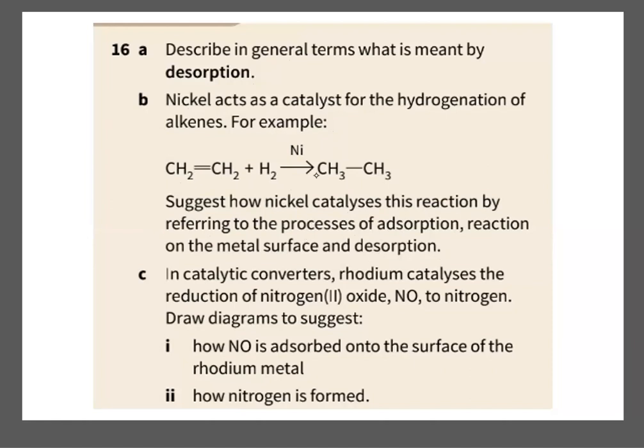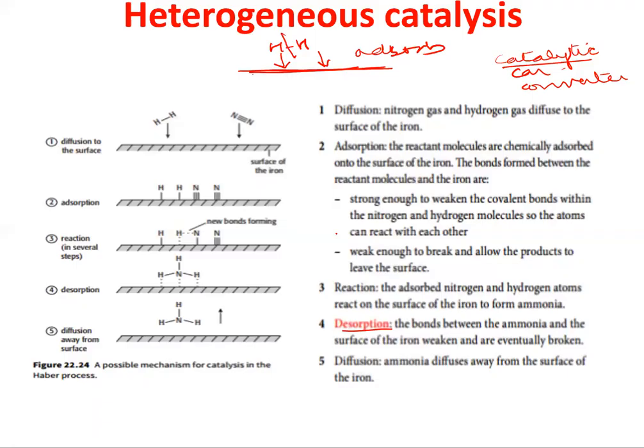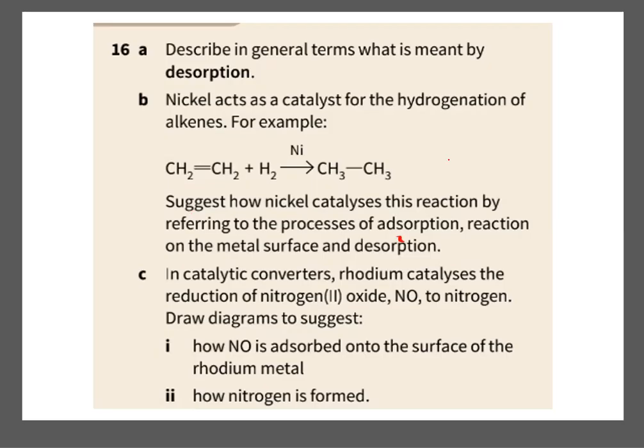Those are the steps we have studied: diffusion on the surface, adsorption, reaction, breaking of the bond, desorption and diffusion away. You will write these steps in detail in this scenario as well, okay?